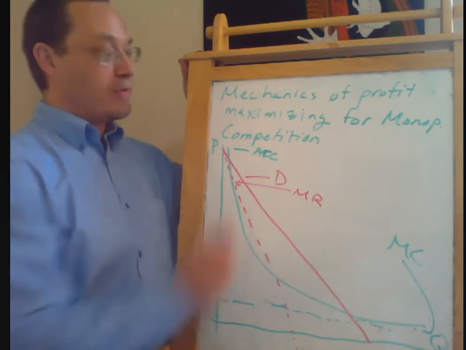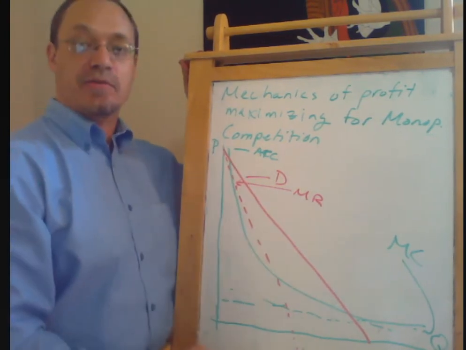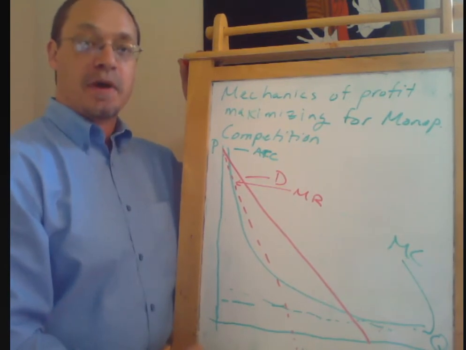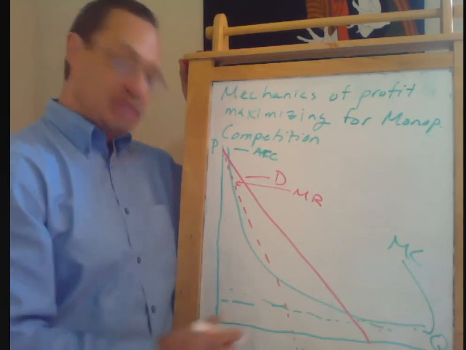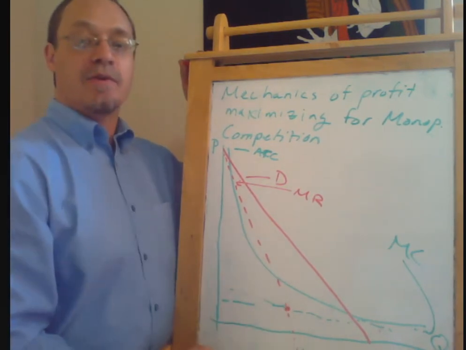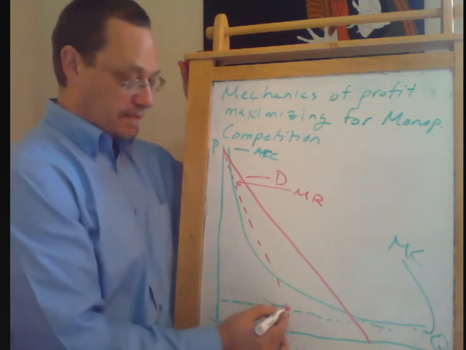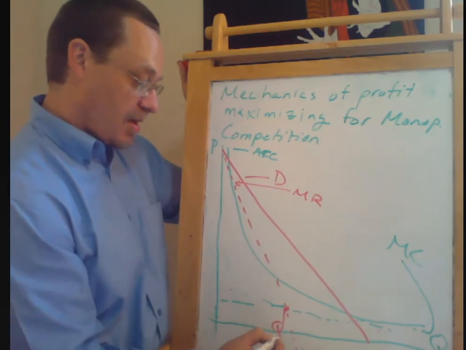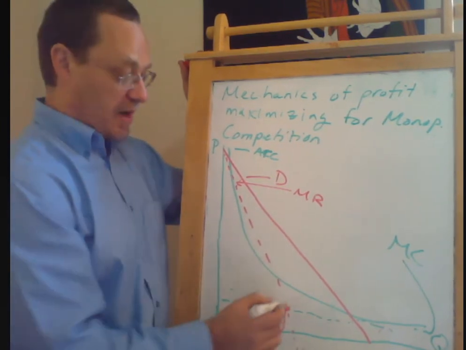Now we know how to apply that profit maximization rule. Just like with a monopoly, we look for the profit maximizing quantity and price, and the profit maximizing quantity is here where the marginal cost curve and the marginal revenue curve intersect. So that is our quantity that maximizes profits.